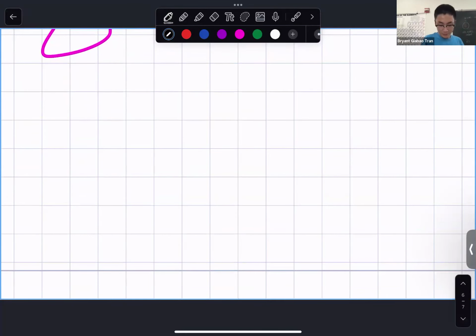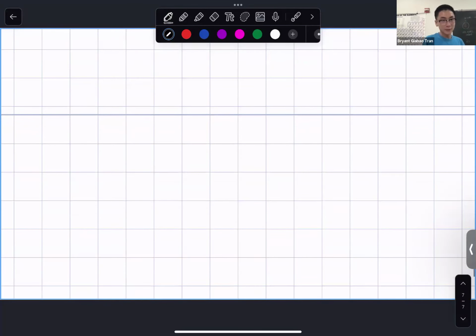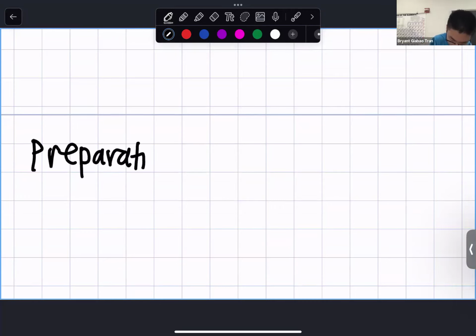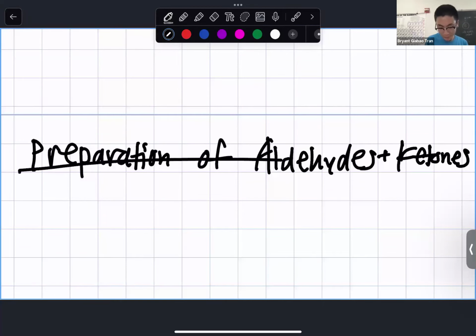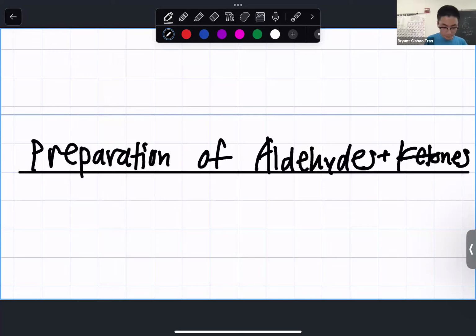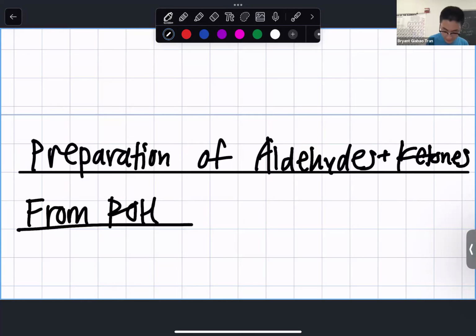Now let's learn how to prepare aldehydes and ketones. Most of these you already learned about. The first one is from alcohol, back in 118A.